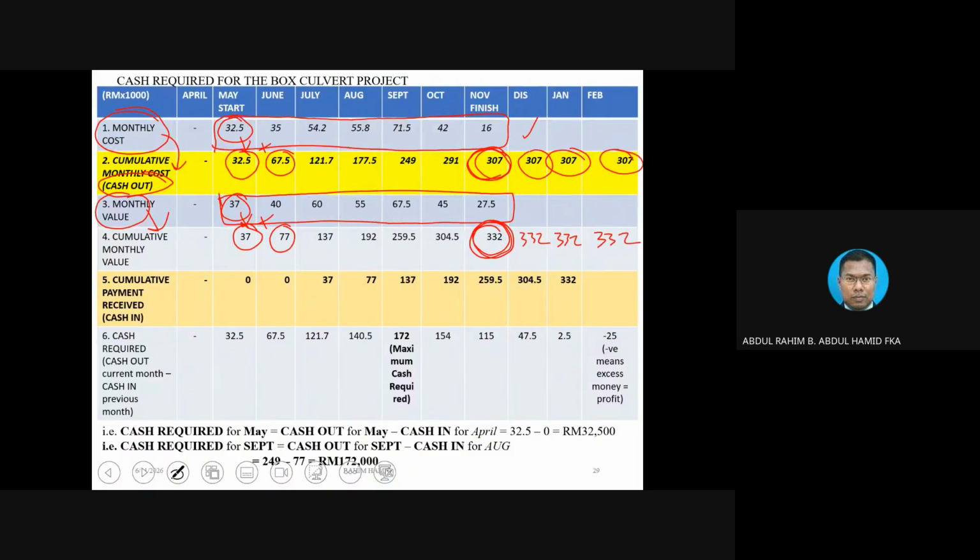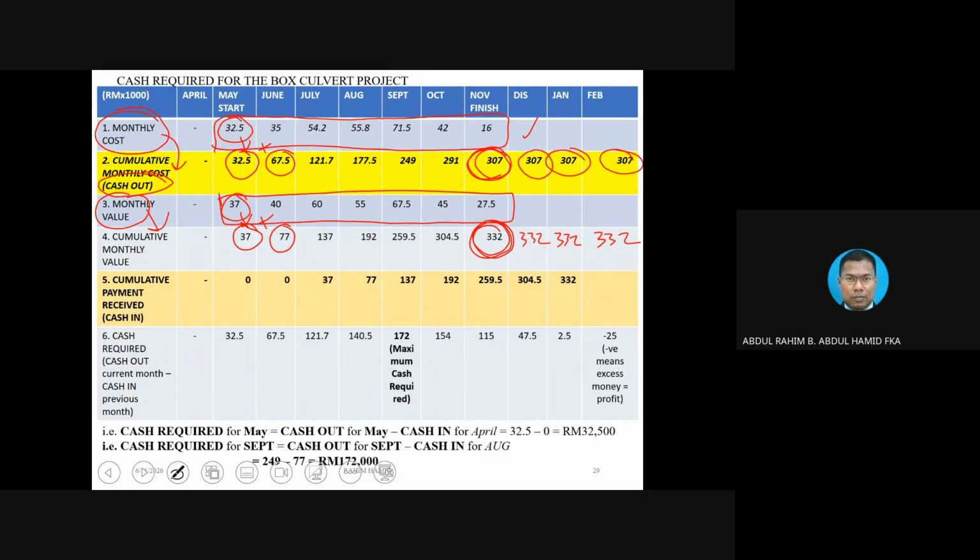Okay, now after putting the monthly value and cumulative value, number 5 is cumulative payment. Why do I put the name as cumulative payment as another row? Because remember, whatever payment received might not be equivalent to value. Might not.